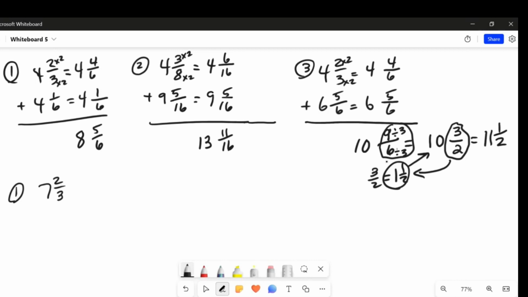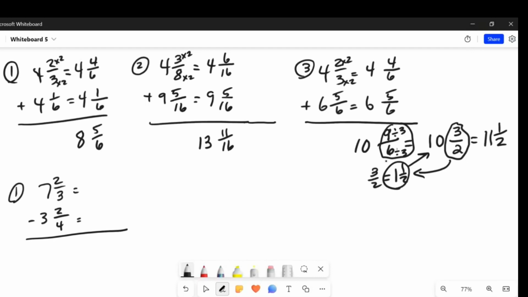Okay. So number 1 on the subtraction area, we got 7 2/3, and we're going to subtract 3 2/4. 7 2/3 minus 3 2/4. Okay.